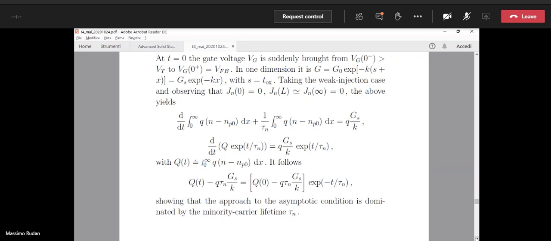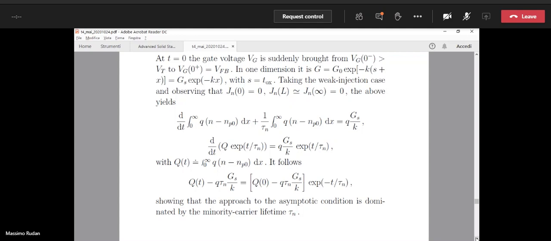Some of you may argue that the optical generation term must depend on time. In fact, it does. G sub S depends on the illumination that comes into the device. So this illumination may change with time, okay? So why did we not consider this in the calculation?